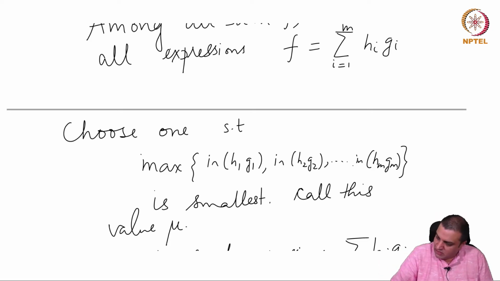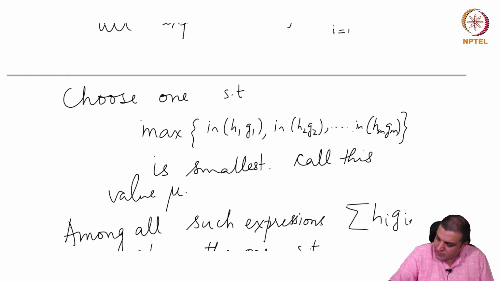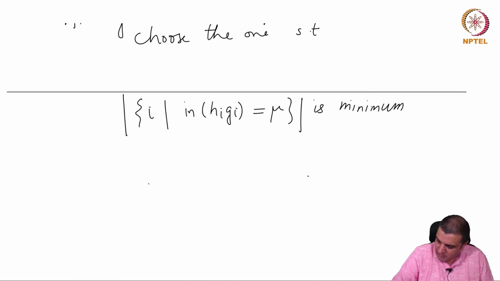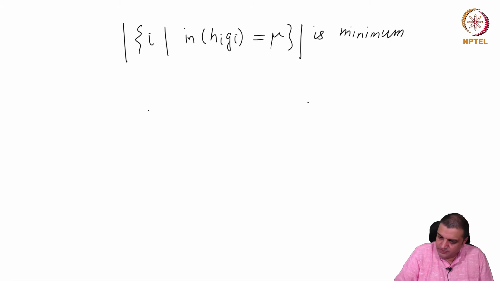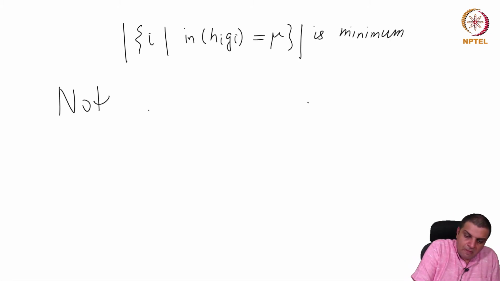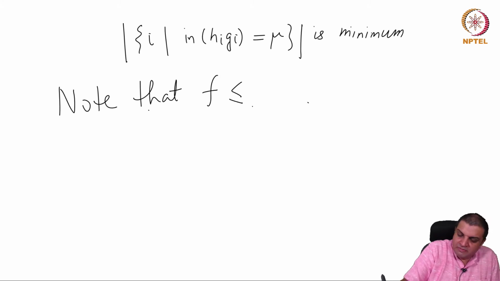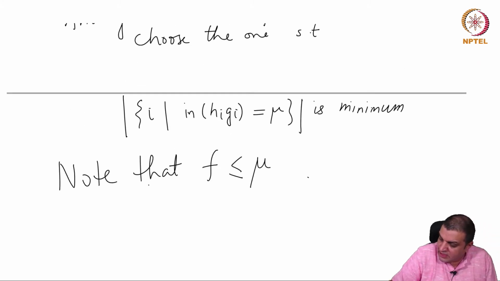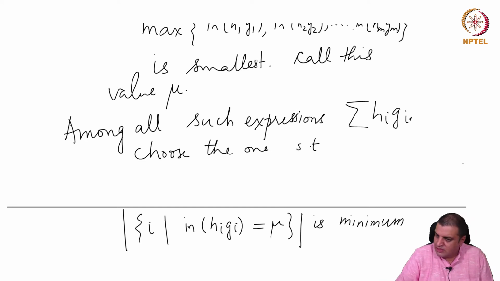And that maximum is mu. So the initial term of F is less than or equal to mu. That's sort of by definition.